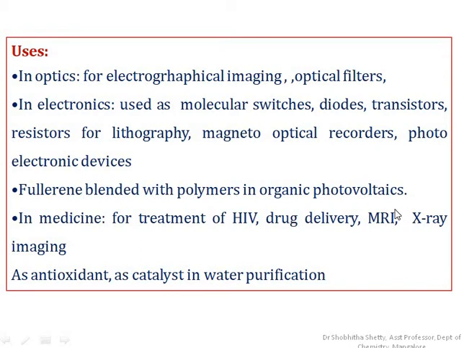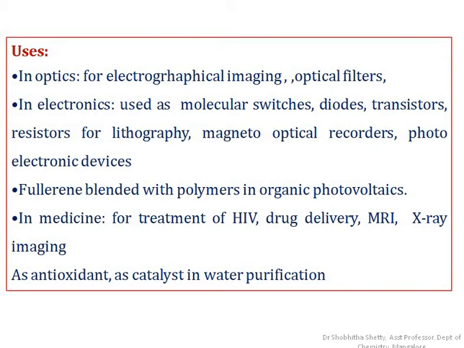And as an antioxidant, and we can use it as a catalyst also for water purification processes. So this is about the application of fullerenes and its structural features and importance.